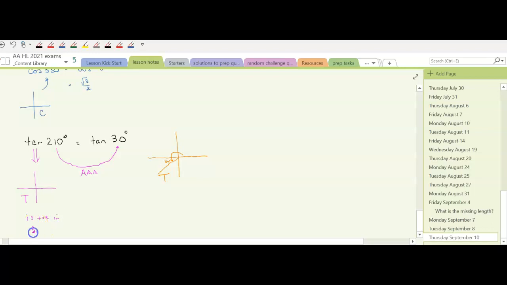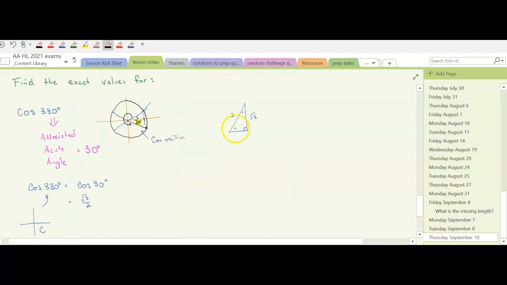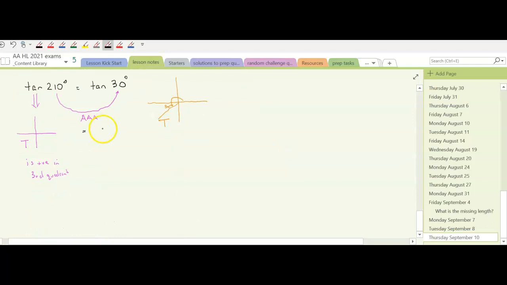They're the two things I'm picking up here. So I get tan 210, I get the associated acute angle of 30, and it's positive in the third quadrant. So it's exactly the same value as tan 30. And tan 30, back to my little triangle over here, is equal to 1 over root 3. So tan 210 is equal to 1 over root 3.